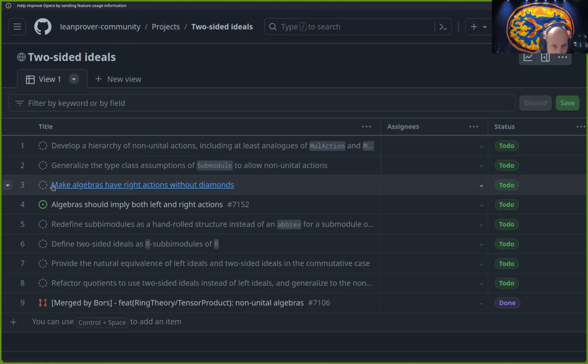So currently our solution for right actions is a left action of the opposite, right? Yes, but when you have an algebra instance, you only get a left action. It doesn't imply a right action automatically, because if it did, we would get diamonds. I don't remember exactly what the diamonds are. Eric would know the answer to that.